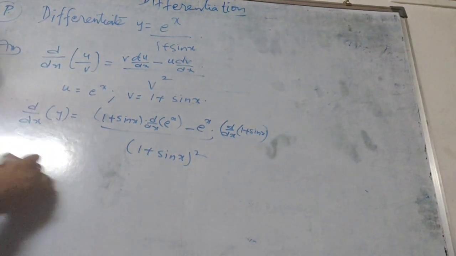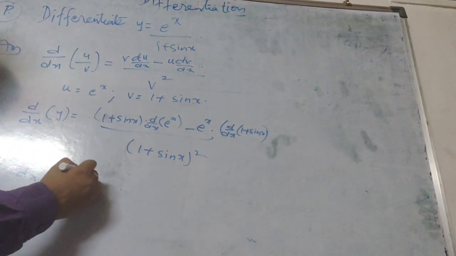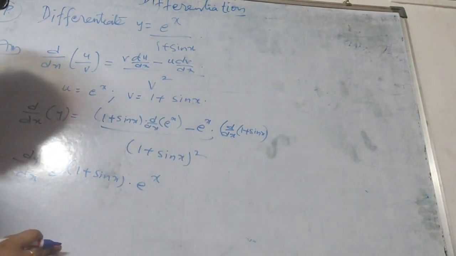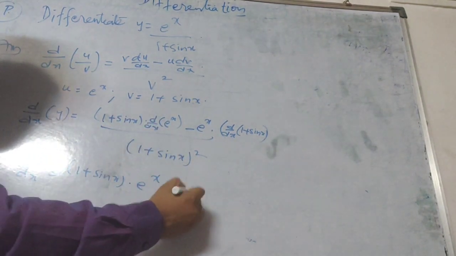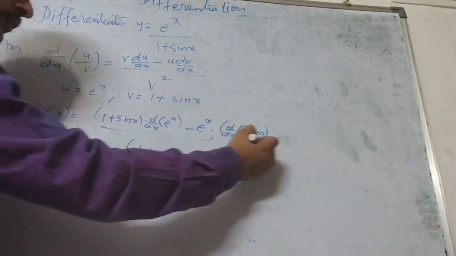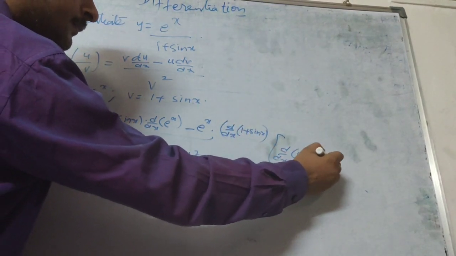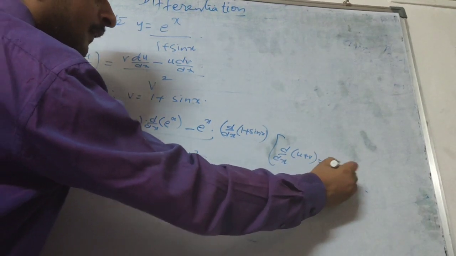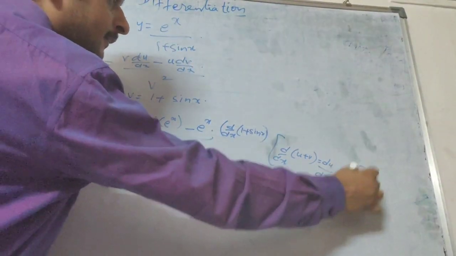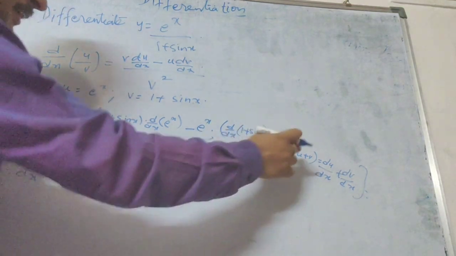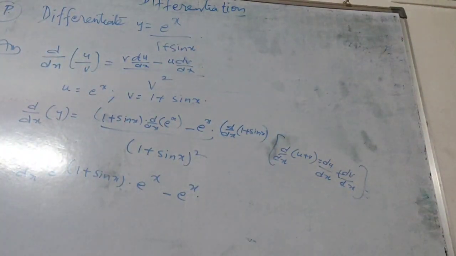So that will be dy by dx equals 1 plus sin x into d by dx of e power x, which is e power x itself, minus e power x into, here we have to use the sum rule: d by dx of u plus v is du by dx plus dv by dx, because 1 plus sin x is a combination.